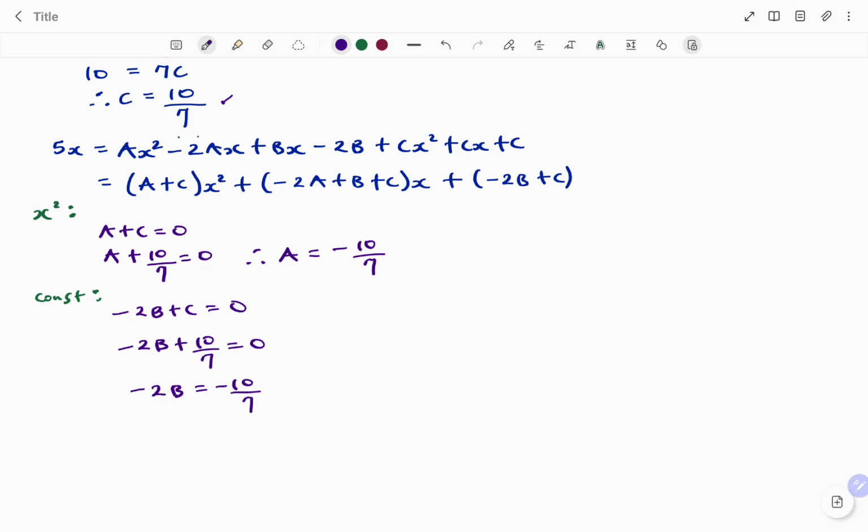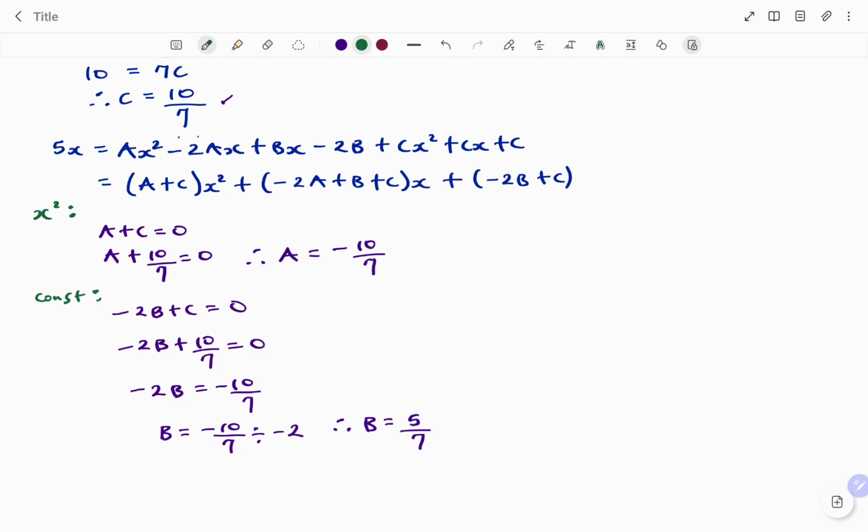And if I divide both sides by 2, I have b equals minus 10 over 7 divided by minus 2. Therefore, the value of b will be 5 over 7.